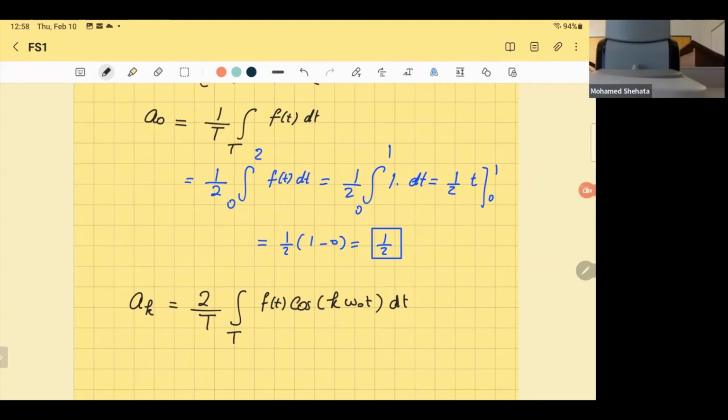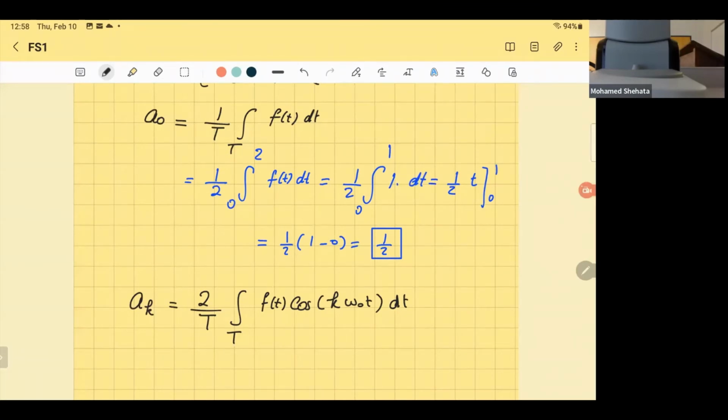The difference between A naught and A_k is, first, I multiplied by 2 over T instead of 1 over T. The integration is the same over one period, but instead of integrating only the function f of t, I integrate the function multiplied by cosine k omega naught t. Why did I add k? Because it's going to be a series and k will change from 1 to infinity.